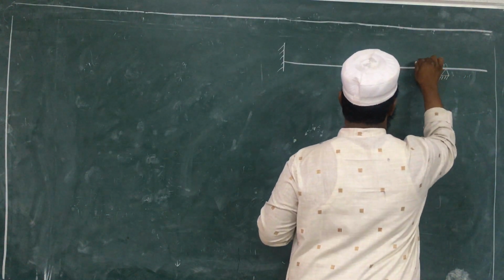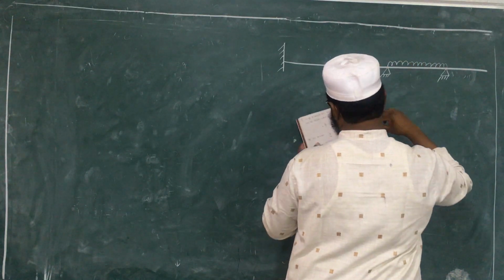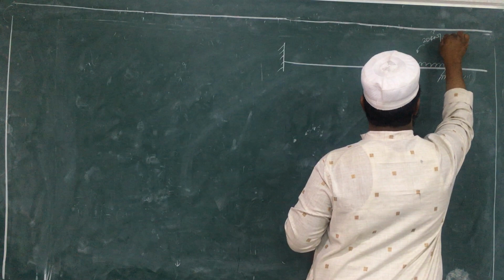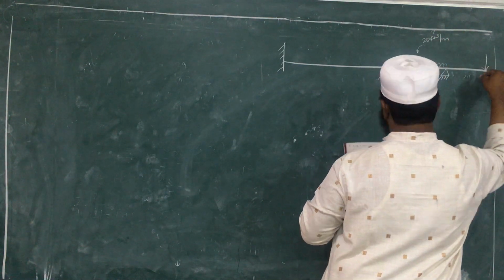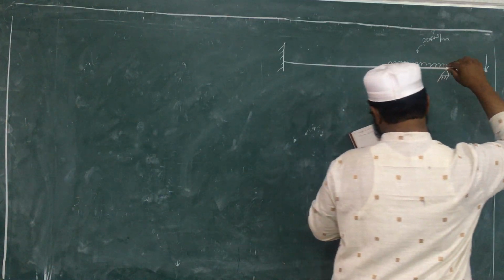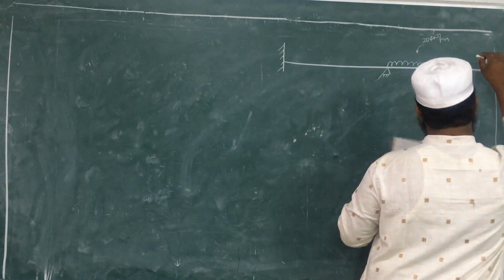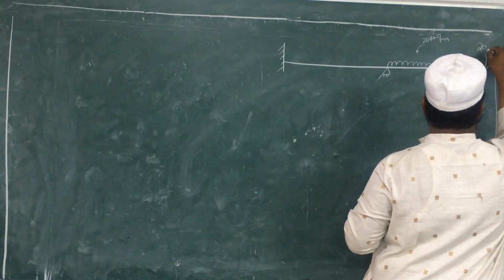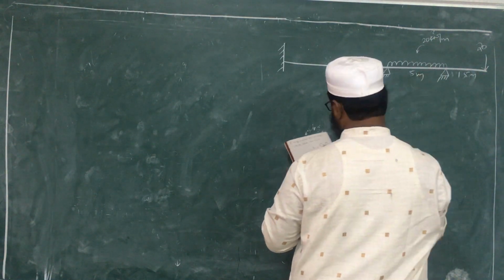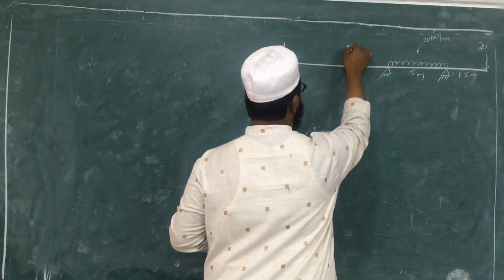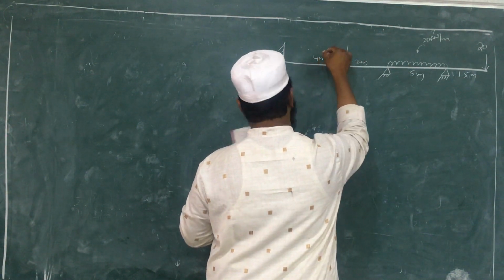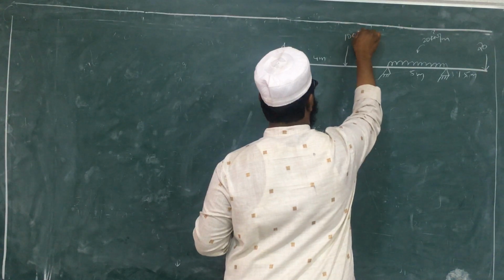We have a UDL that is 20 kilonewton per meter, and at the cantilever we have 20 kilonewton, not 22. It is 1.5 meter. This is 5 meter, and this one is 2 meter and 4 meter, and the load acting here is 100 kilonewton.